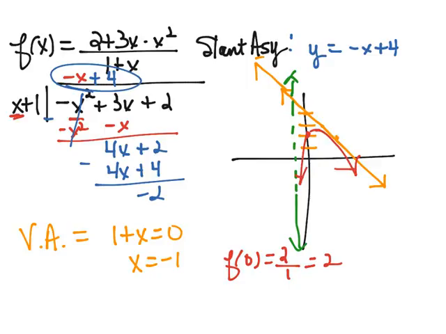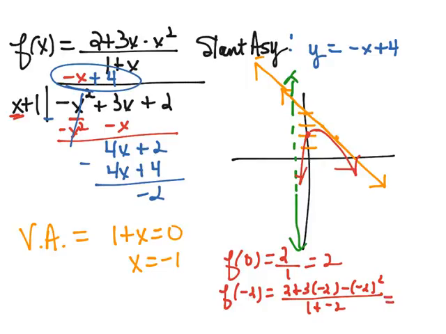Now we can enter in more values to get a better sketch. That's roughly what our graph looks like. And so now let's also choose a number on the other side of our vertical asymptote. So let's choose negative 2. And we'll have 2 plus 3 times negative 2 minus negative 2 squared divided by 1 plus negative 2.